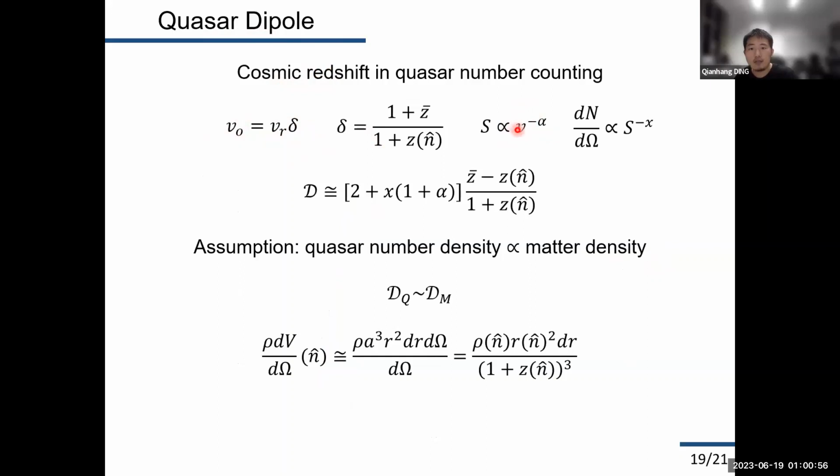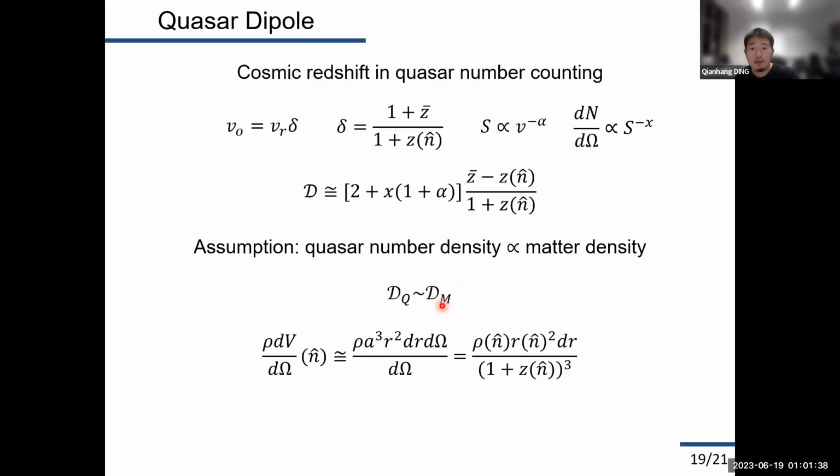This dipole in the quasar photon frequency will cause a dipole in the observed flux distribution of the quasars, and this flux distribution is related to the quasar number counting. Therefore, we find a dipole structure in quasar number counting, which is related to the redshift dipole in this anisotropic spacetime. Also, we can assume the quasar number density is proportional to the matter density in this local void. Therefore, the dipole of the quasar number should be of the same order as the matter density dipole.